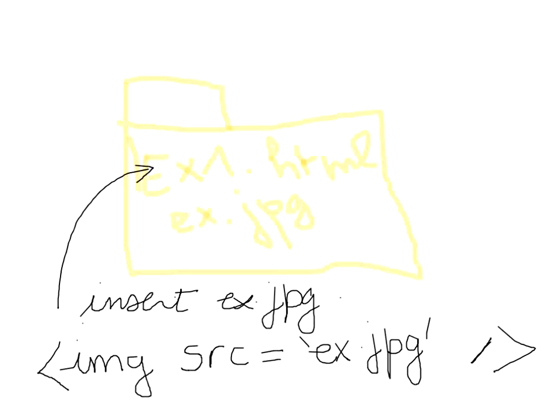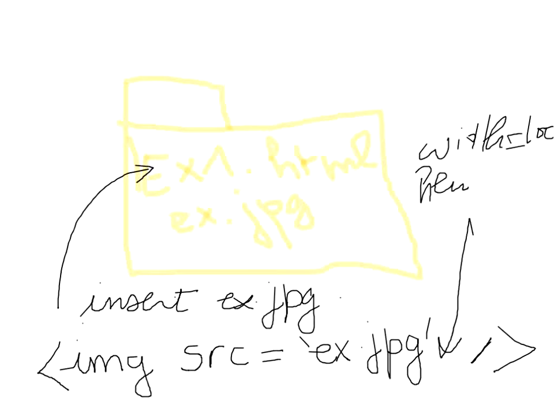So you can also add other attributes here. So we can, for example, specify width equal 100 and height equal 200, the dimension of the image.